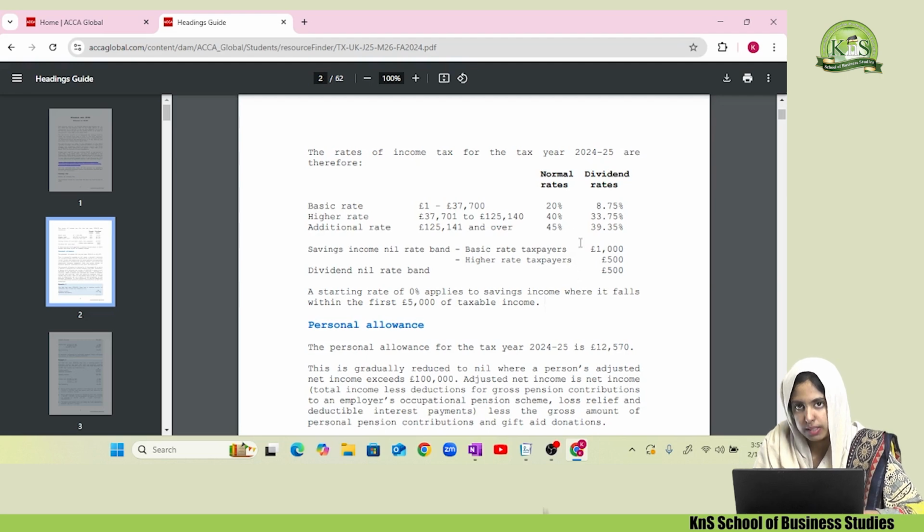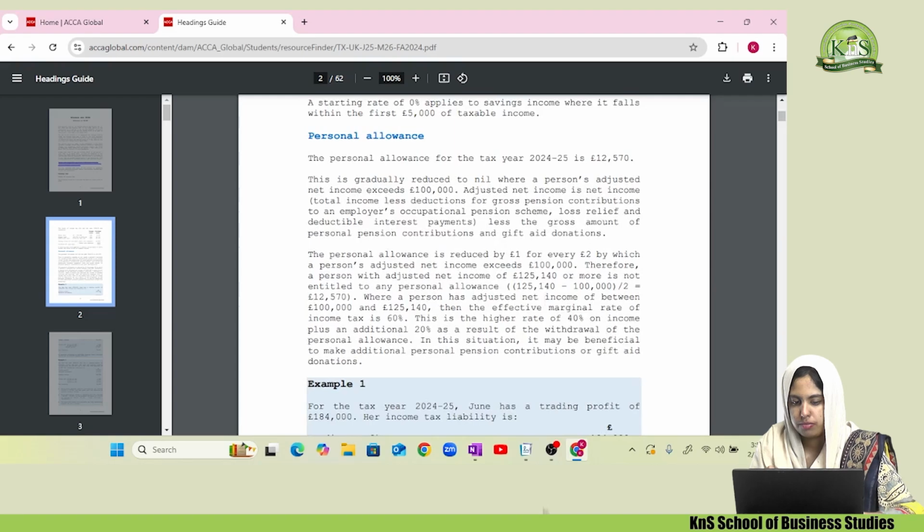If you have more than that, then the normal rates will be applied. Then for dividends, just like we discussed at the start, £500 is exempt. The additional amount will be taxed according to the dividend rates. Starting rate of 0% applies to savings income where it falls within the first 5,000 of taxable income. So if your total taxable income is, let's say, 5,000, then that savings income will be taxed at a zero rate.